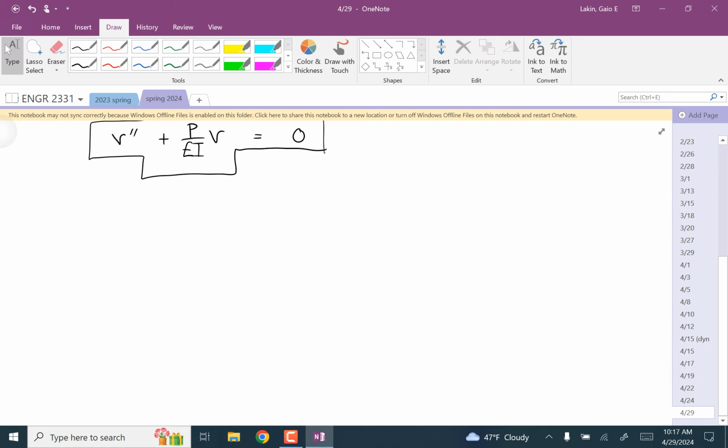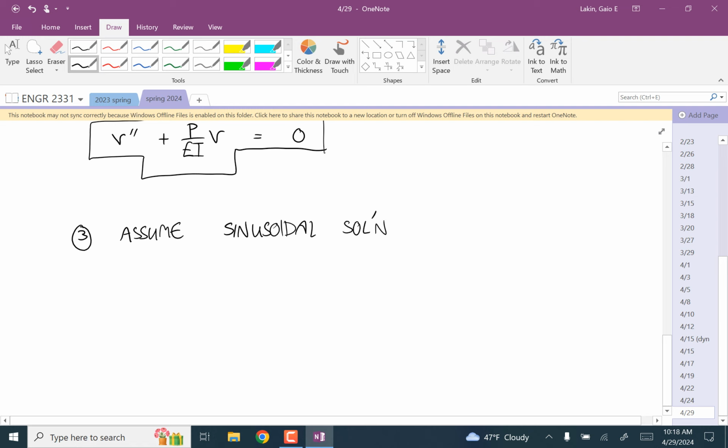So now, assume that this has a sinusoidal solution. And use the boundary condition at the base to update your equation.